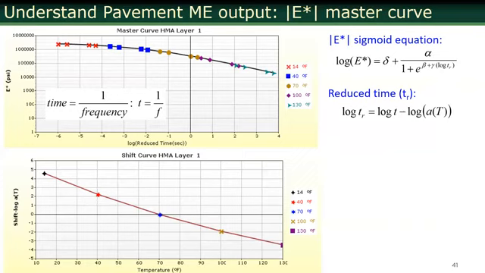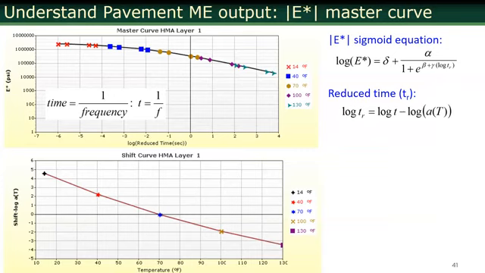So in other words, reduced time is time divided by a of t. If you take the log of both sides, log of tr is equal to log of t minus, because it's the denominator, log of a of t.